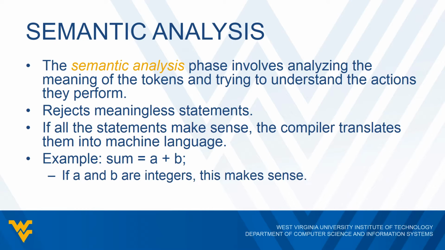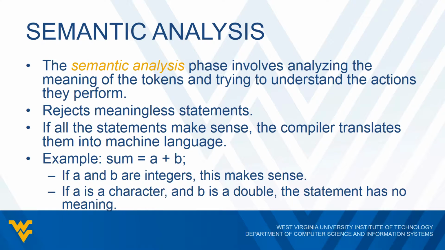Well, if a and b are integers, then this makes sense. You take an integer, you add another integer, and you get an integer. But if we have something like a is a character and b is a double, then this doesn't make sense. You can't take a character and add a double and get an integer as a result.